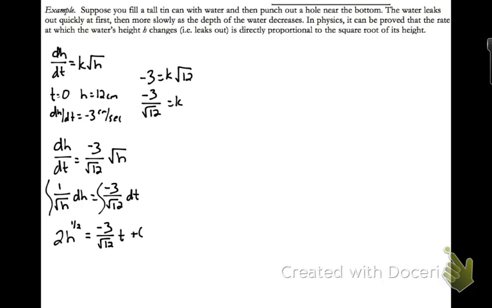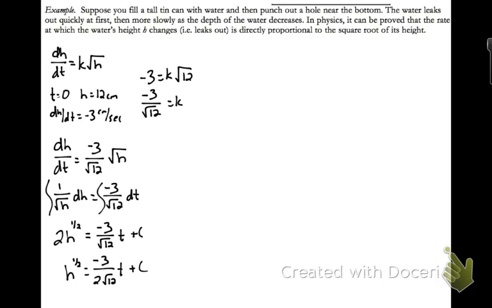If I'd like to solve this for h, well, h to the 1/2 power equals -3 over 2 times the square root of 12 t plus c.